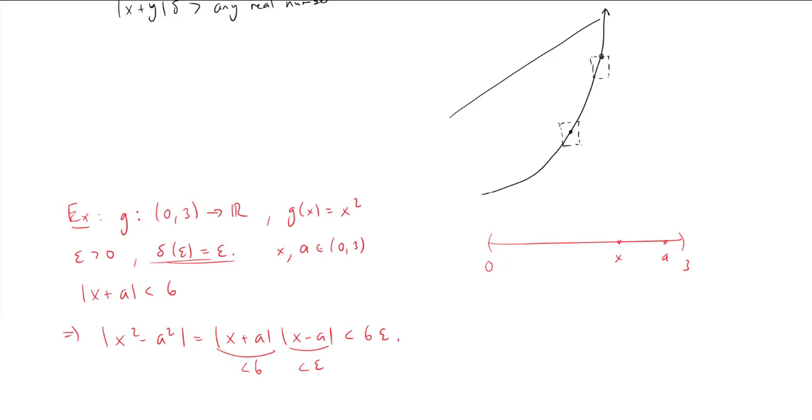And now we can use the inspired choice theorem, but you'll notice even at the end here, there's no dependence that we see on the a itself. So by the inspired choice theorem, g is continuous at a. But nothing in here actually used the actual value of a, other than knowing it lied between 0 and 3.